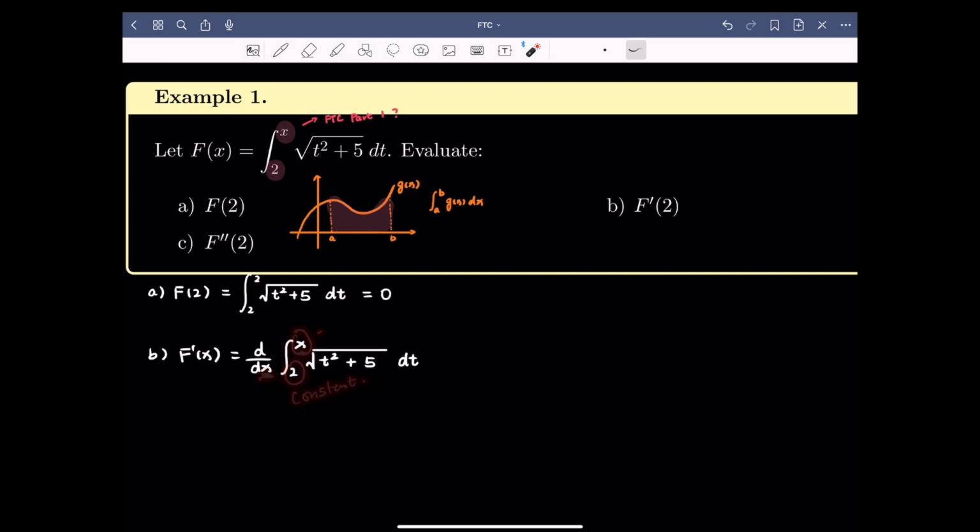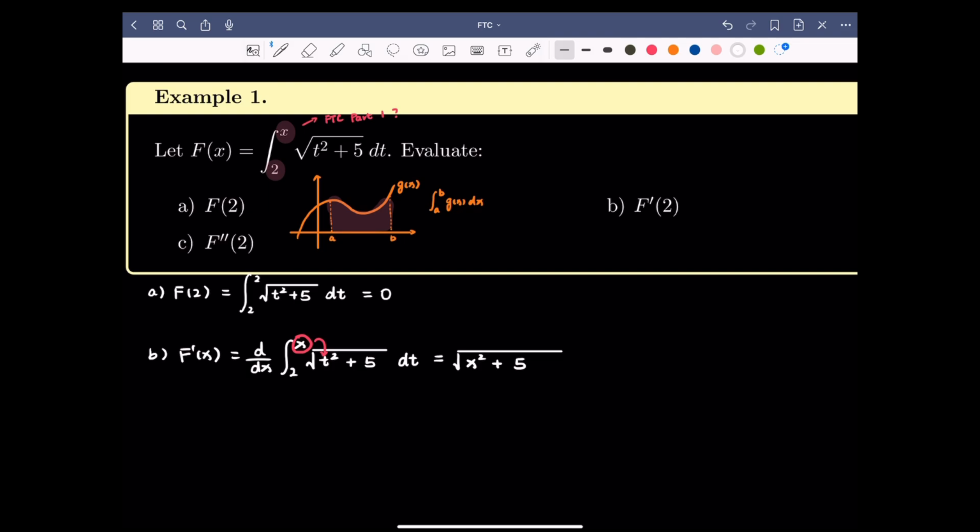You can see you're differentiating with respect to x, and here is a function of x. Everything is good, so we can use the fundamental theorem of calculus. And as I mentioned before, if we want to use it, we just sub this in wherever your t is. So just change t to x, and we're good. So this is just gonna be square root of x squared plus 5. That's my f prime of x.